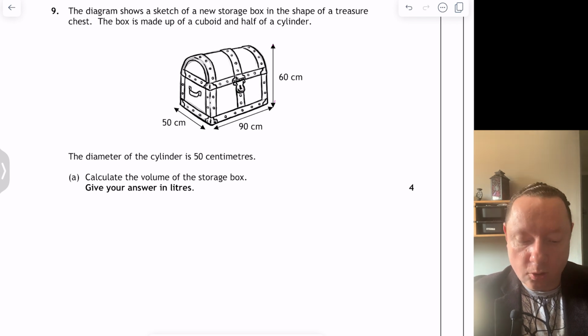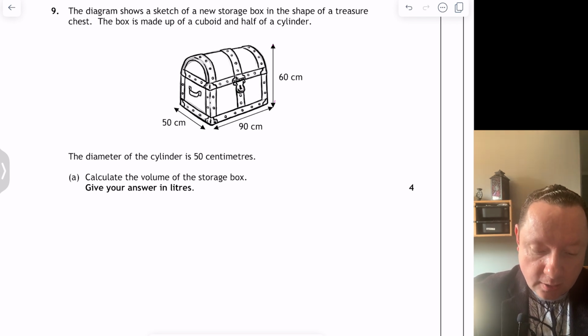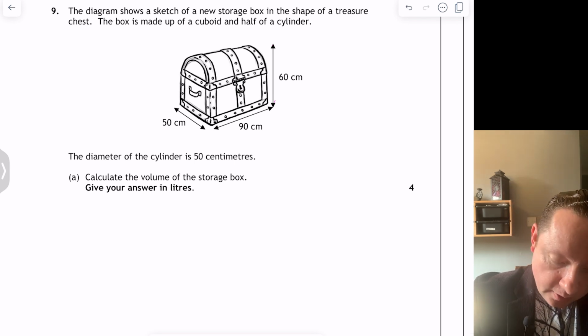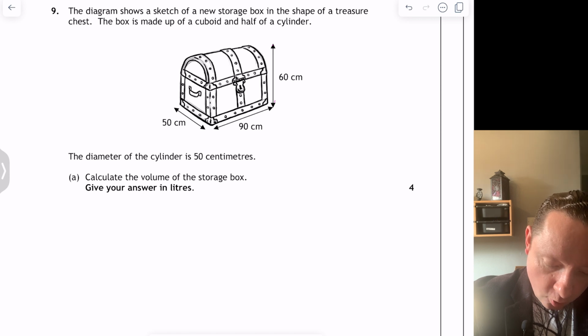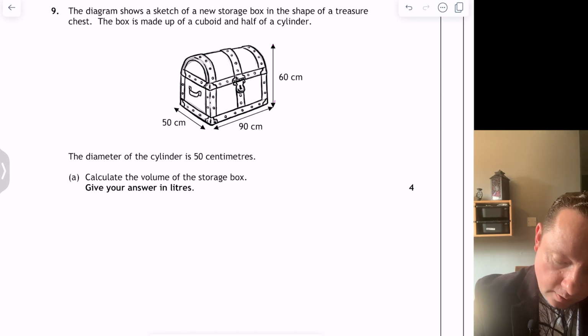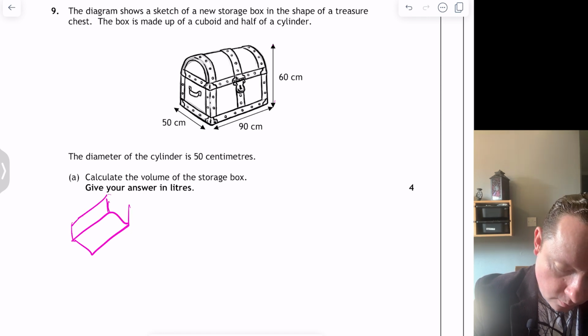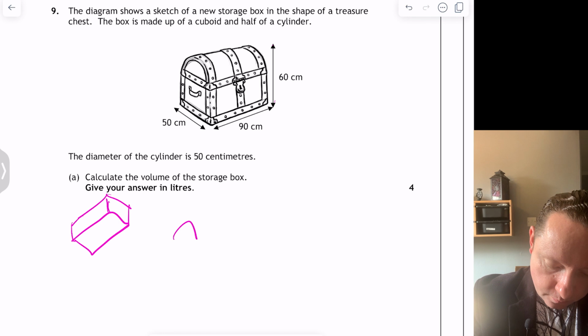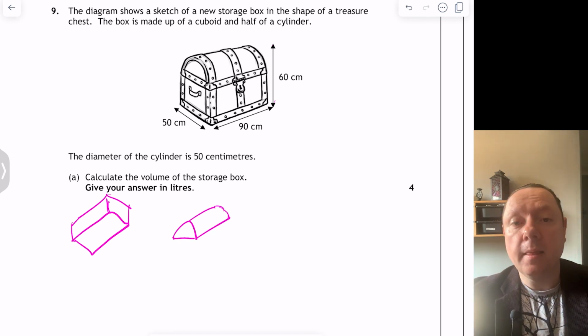The diagram shows a new storage box in the shape of a treasure chest, and it's a cuboid and half a cylinder. The diameter of the cylinder is 50. Calculate the volume in litres. So let's draw this out. We've got a cuboid, and there's my cuboid part, with basically half a cylinder on top.